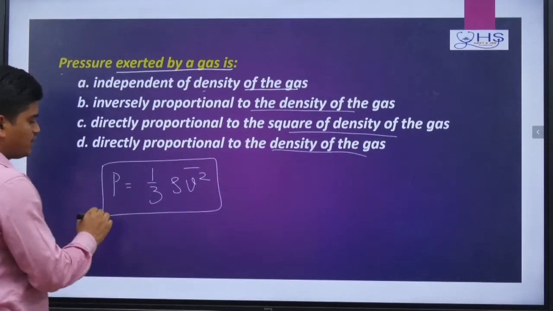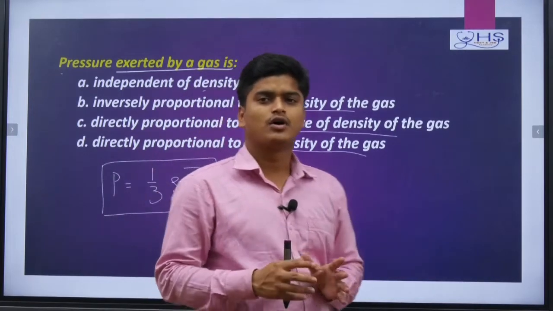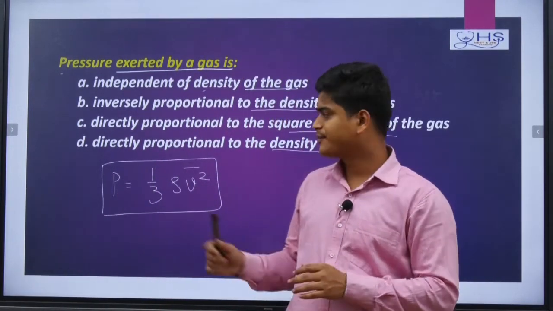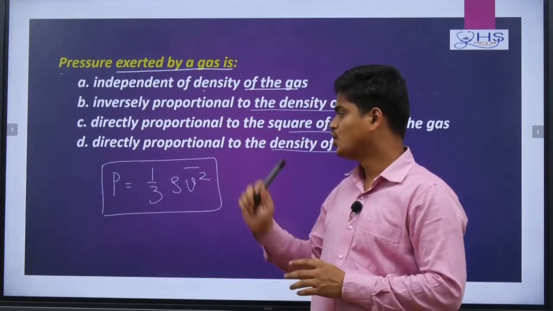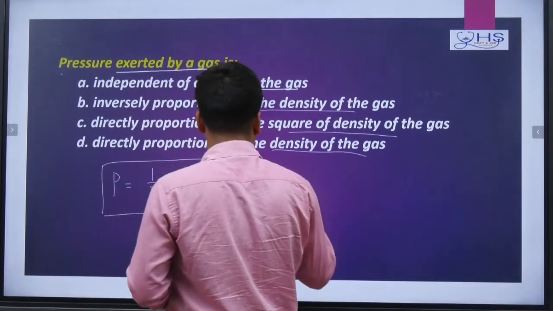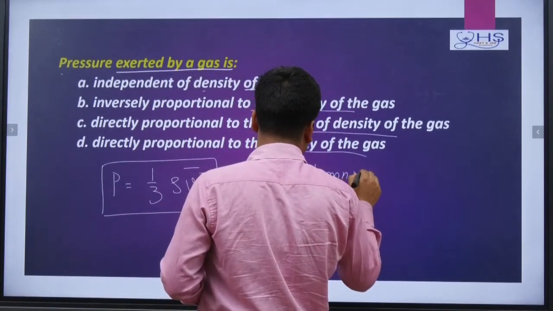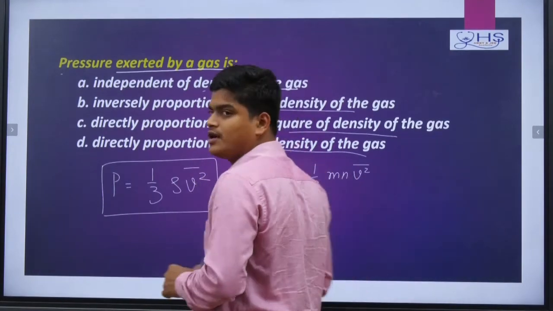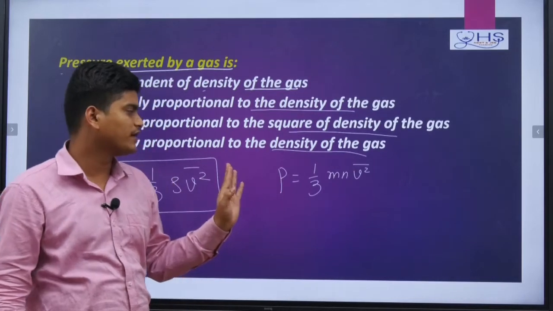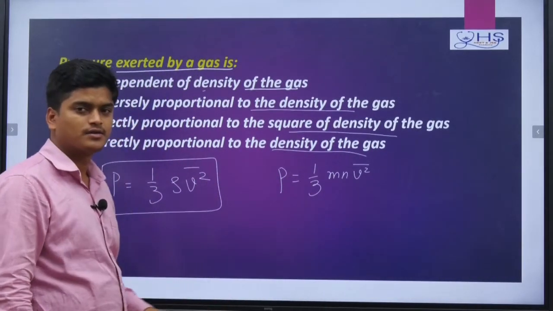Whenever we calculate average pressure due to an ideal gas, we take some considerations and do the derivation, and the pressure is 1 by 3 rho V square bar. Or you can also write that average pressure is 1 by 3 m n V square average. Remember, n is called number density, number by volume, and m is mass.